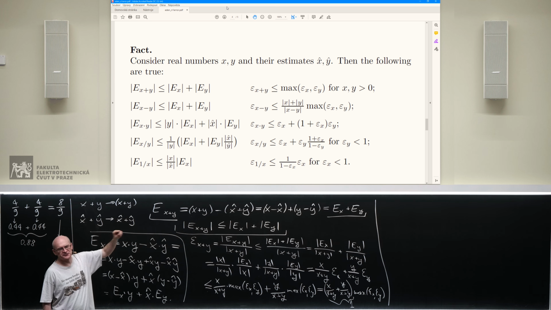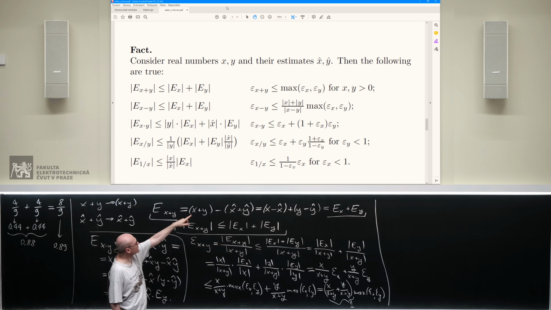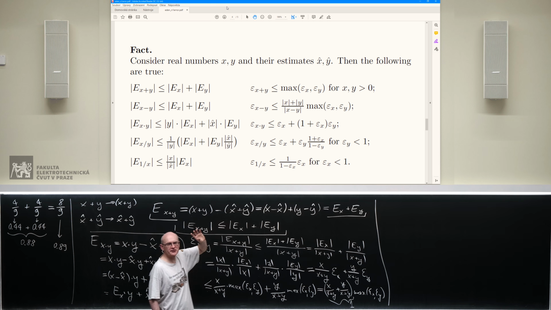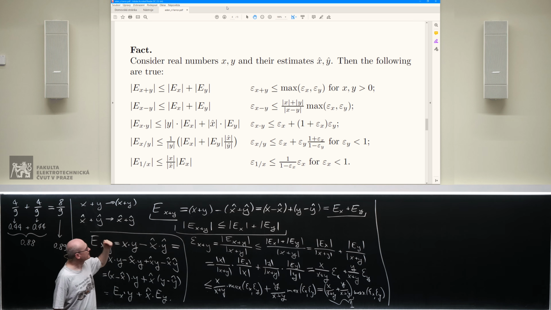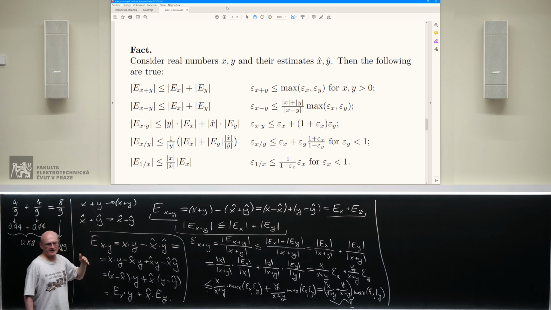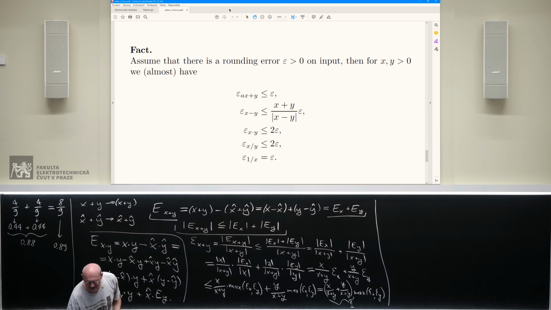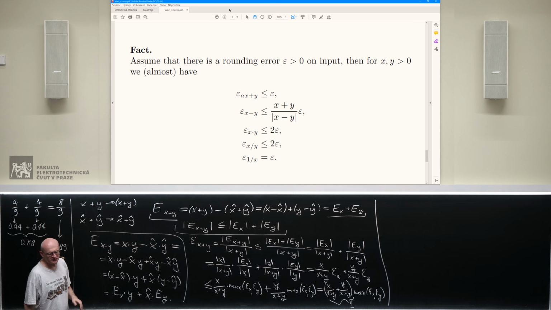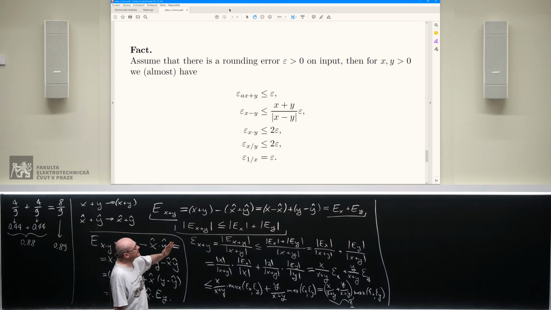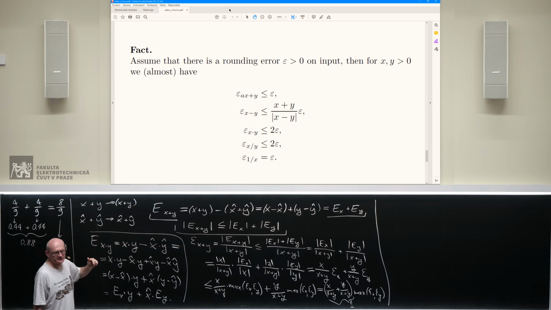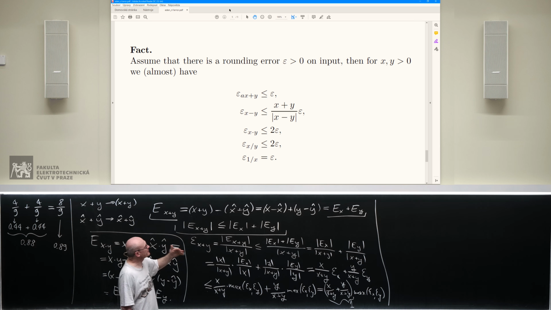If epsilon x is really, really tiny, then it can be ignored in those ratios, and those formulas become much more pleasant, much more readable. So let's put another fact here, which is an engineering fact. This is not really a truly mathematical fact, although it pretends to be so, but I'm making it clear that it's not.